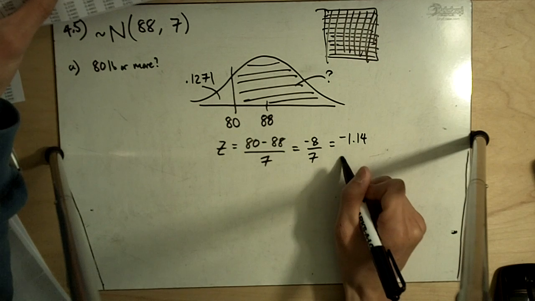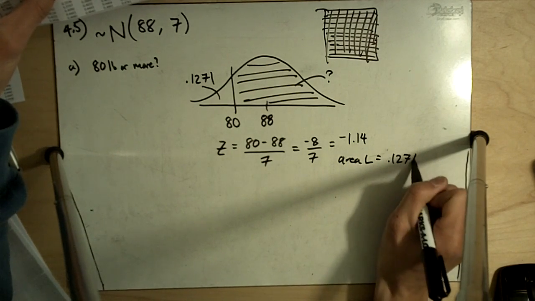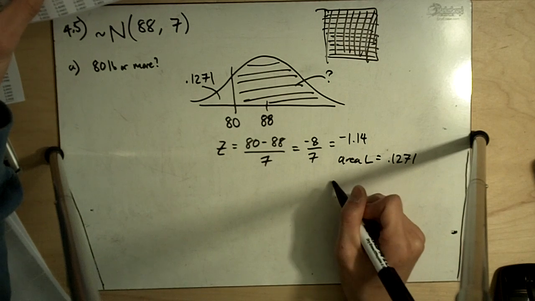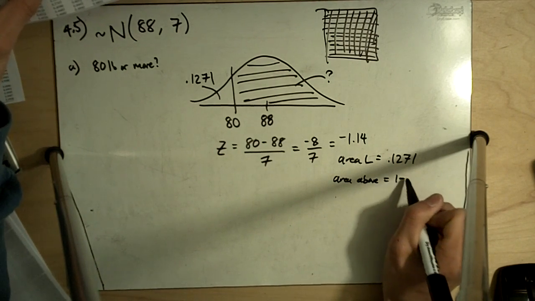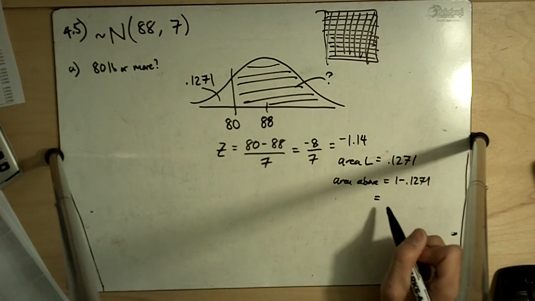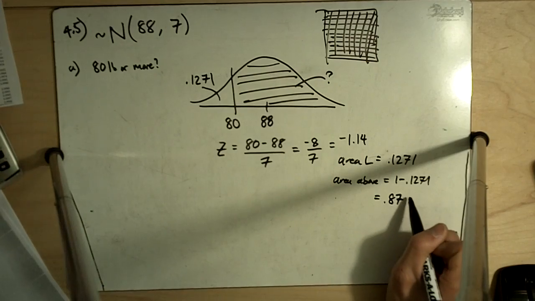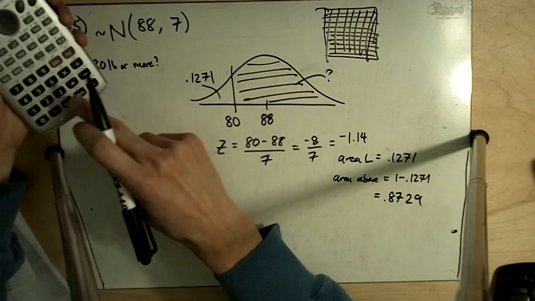So that's the area left, 0.1271, which means the area above is equal to 1 minus 0.1271, and that is going to be 0.8729 if my mental math is correct.